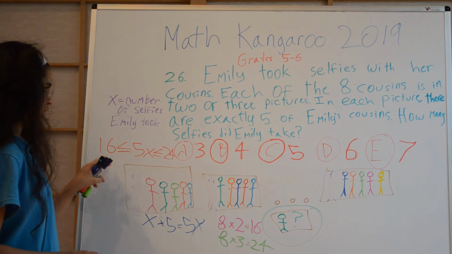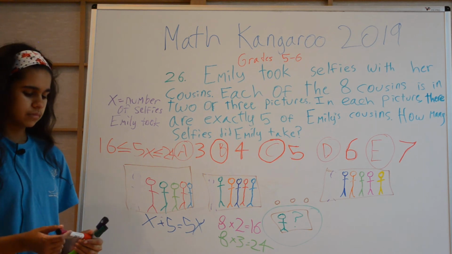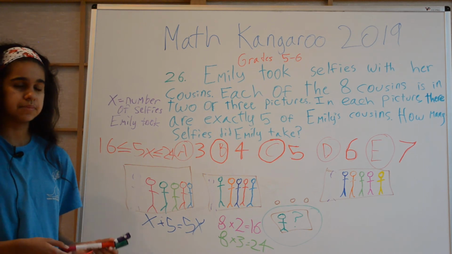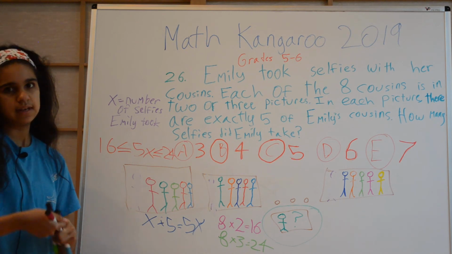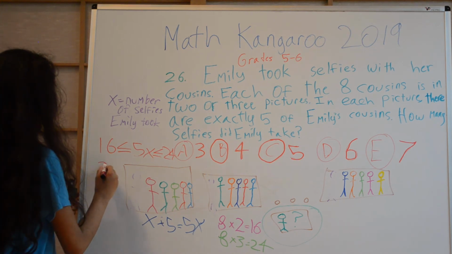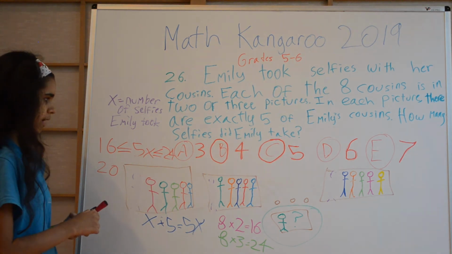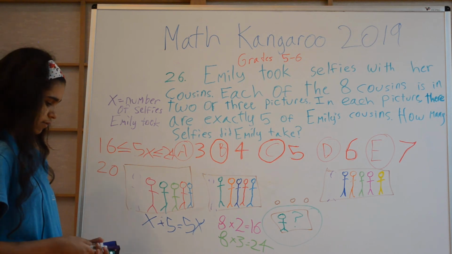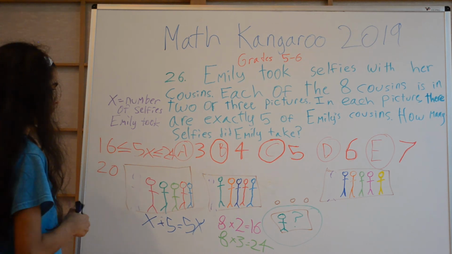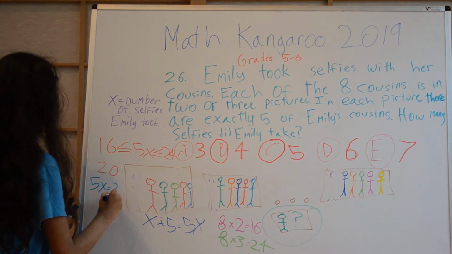So if we look at all the numbers between 16 and 24, there's only one integer that's divisible by 5 in between those numbers, and that's 20. And so that means that 5x has to be 20, because that's the only multiple of 5 between 16 and 24. So now we know that 5x is 20.